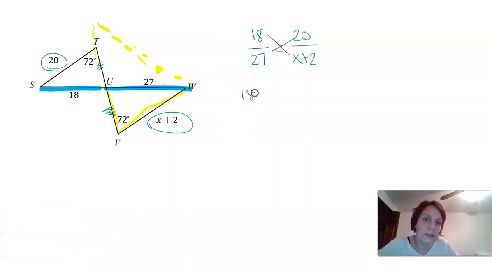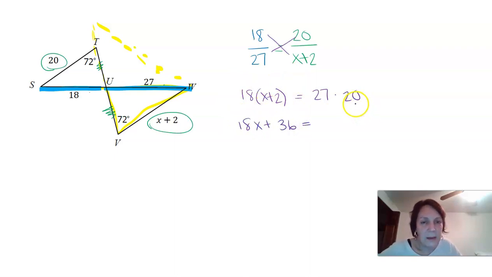So I'm going to have 18 times x plus 2 on one side and 27 times 20 on the other side. So that's 18x plus 36, and 540. I was going to say 440 and I would have embarrassed myself.